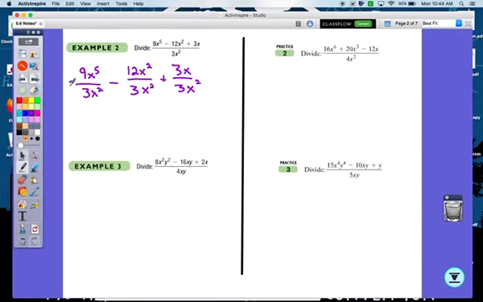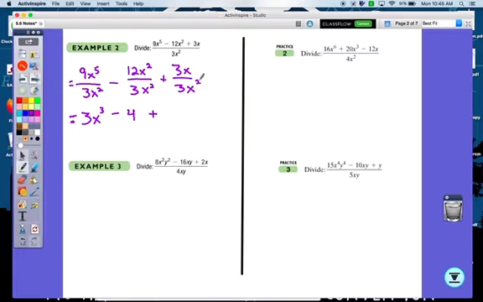All right, and then you do each individual term. You'll have 9 divided by 3, which is 3. Subtract the exponents. 5 minus 2 is 3, so x to the third. Minus 12 divided by 3 is 4. And the x squared is 2 minus 2, x to the 0, so it cancels out. It just gives you 1.